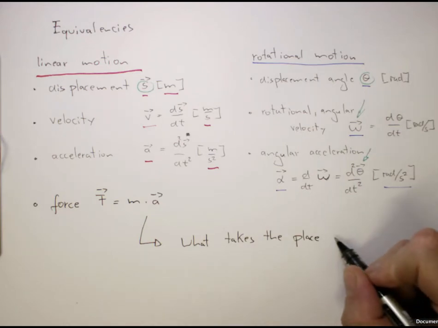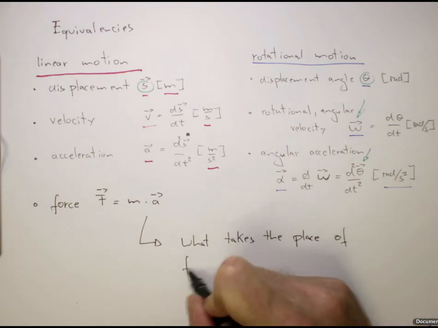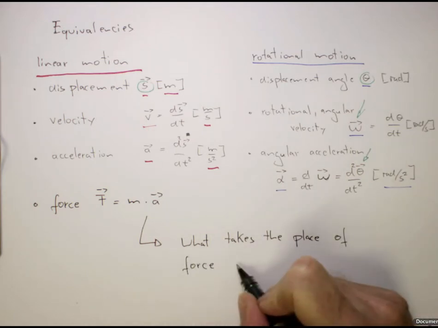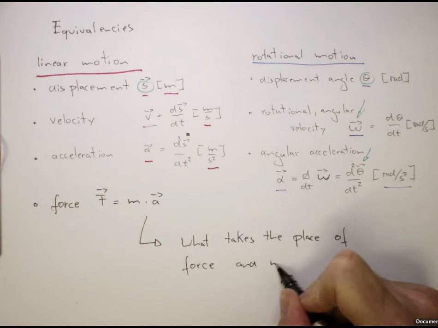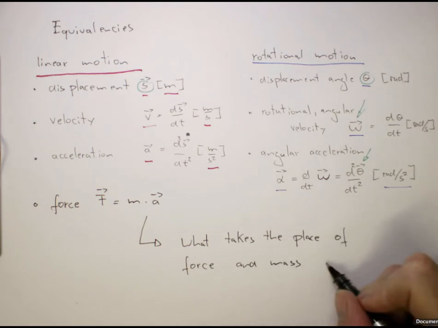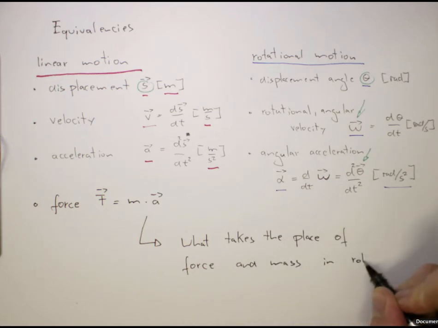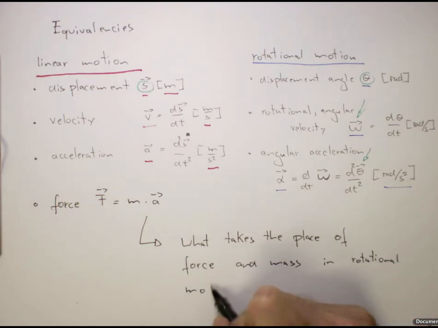What takes the place of force and mass in rotational motion so that we can express Newton's second law in terms of angular or rotational motion?